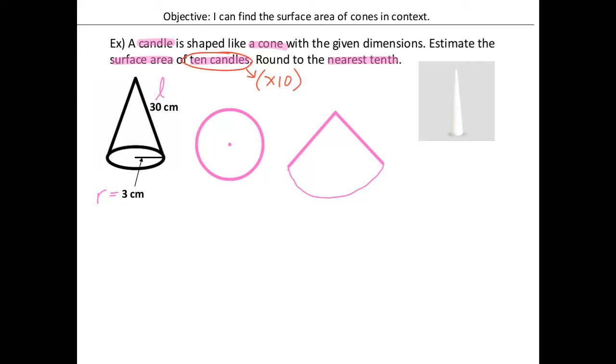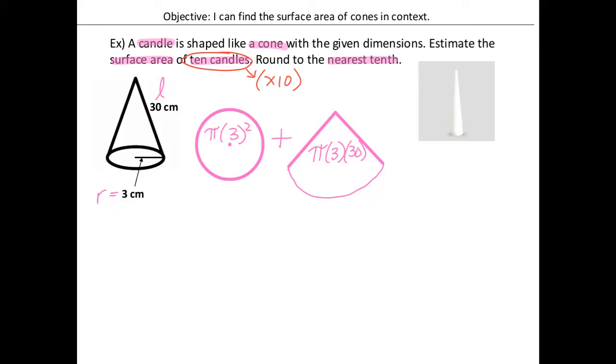All right, and then the formula for my circular base is going to be pi times the radius squared, so pi times 3 squared. And then I'm going to add the sector, so the sector is pi times the radius times the slant height, which is 30.